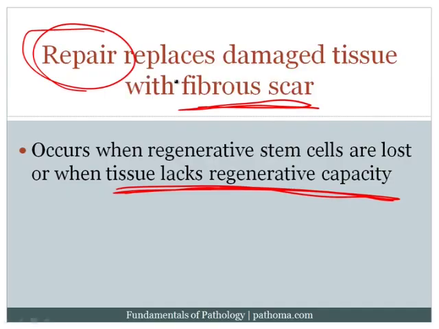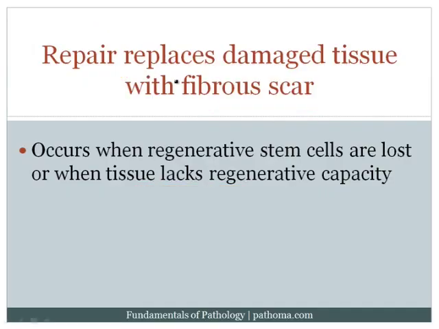Now let me take you back and remind you that there is one more example where you would get repair, and that would be if the regenerative stem cells are lost. For example, if you get a paper cut on the skin, it will heal completely and you won't be able to find the paper cut a couple weeks later. However, if you cut yourself with a steak knife, let's say, you might go deep enough that you actually take out a piece of skin such that the basal cells are removed.